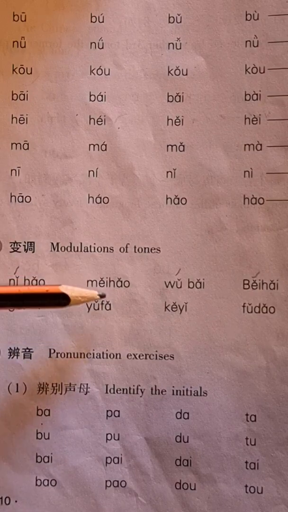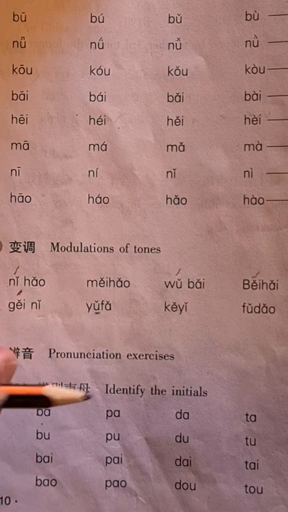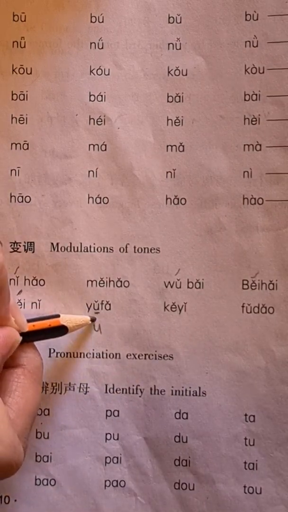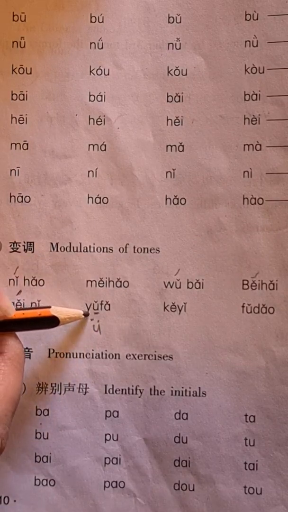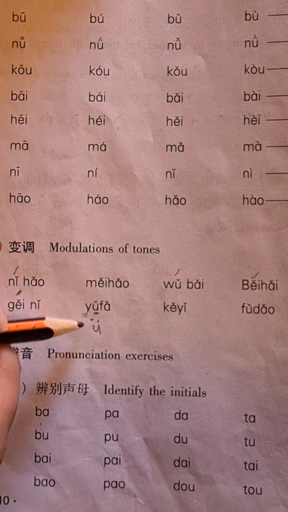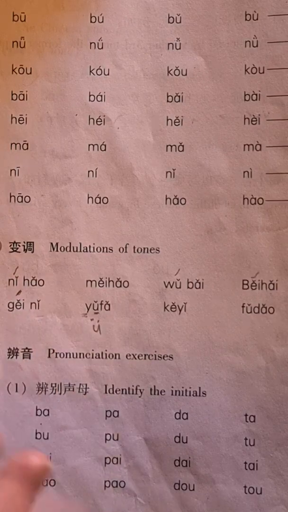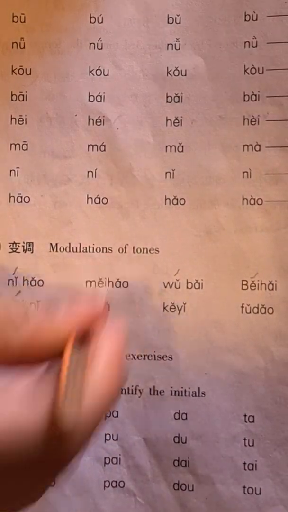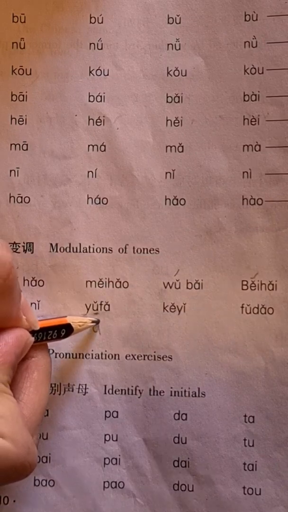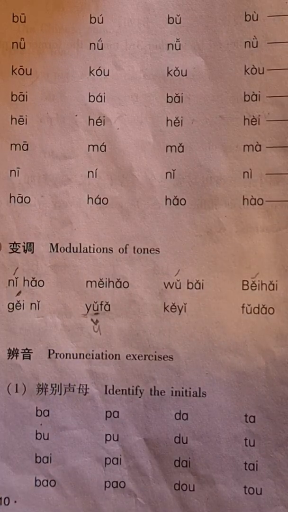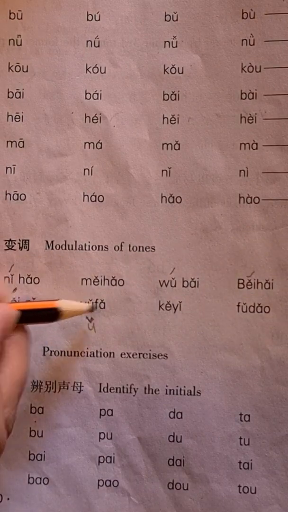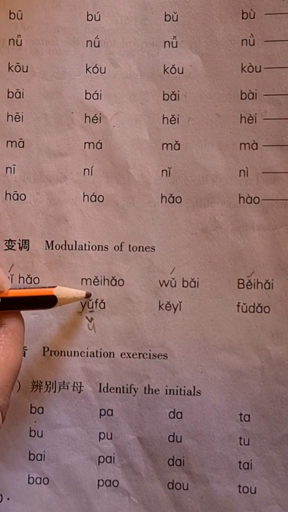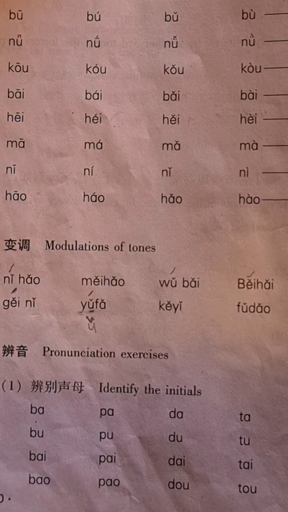This one, yu fa, and focus guys that I'm pronouncing the ü here, not u, okay? But again, because the grammar is saying whenever the ü comes after it, you have to remove the two dots and leave it with the tone above it, okay? So yu fa. How to pronounce it in the correct way? Change it into the second one.